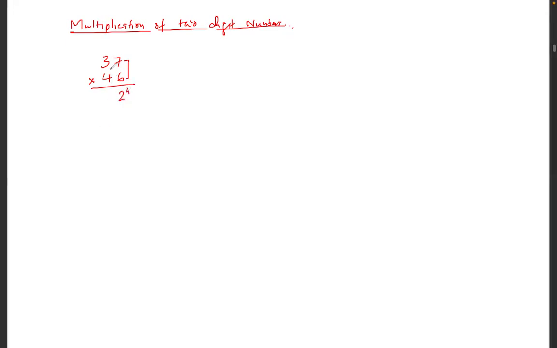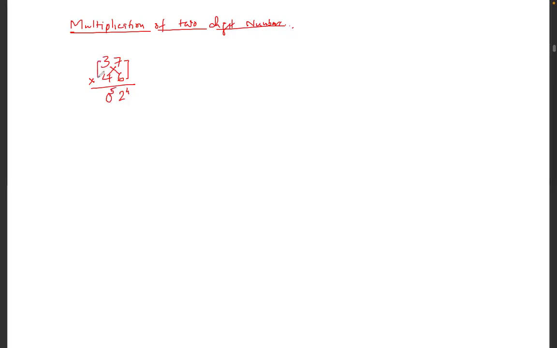Then cross multiply and add. So 6 threes are 18 and 7 fours are 28. 28 plus 18 is how much? 46. 46 plus 4? 50. So write 0 and carry 5.